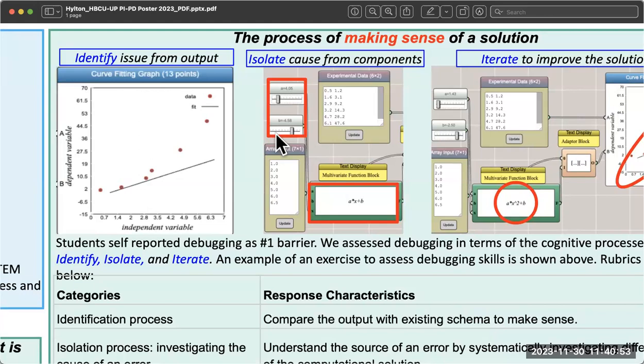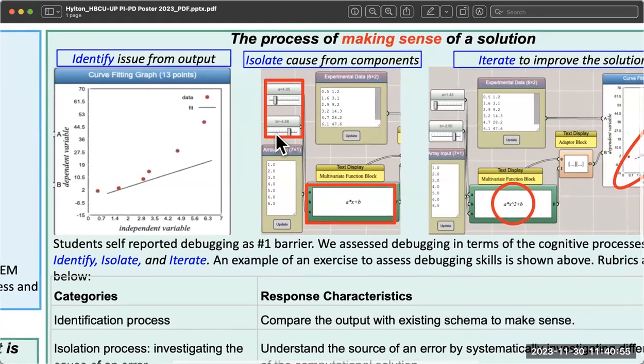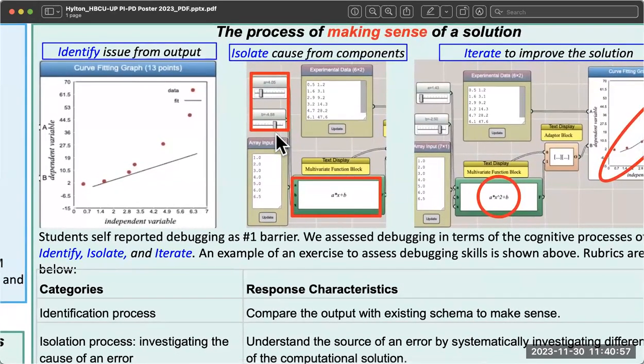So at this point, we needed to develop rubrics to assess debugging skills, and we came up with preliminary exercises based on a platform called iFlow, developed by IFI. It's a graphic programming platform where students can use blocks to debug.